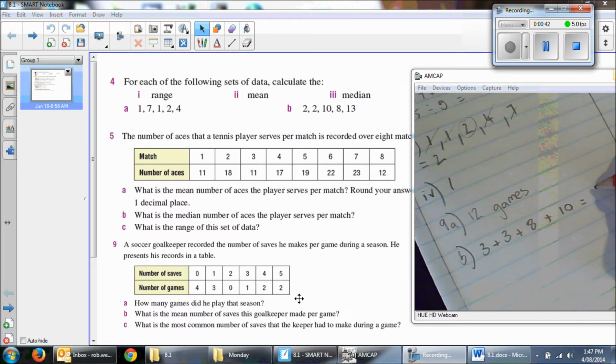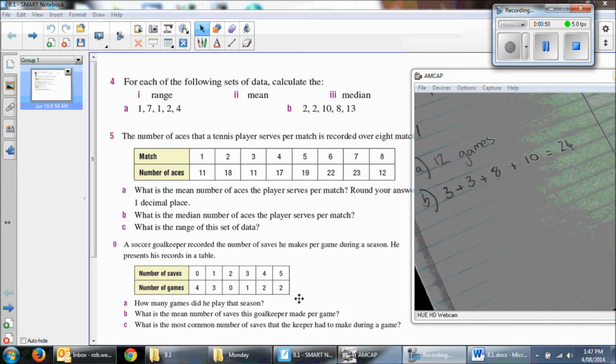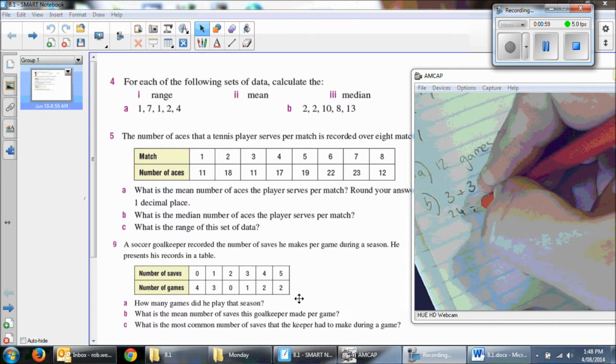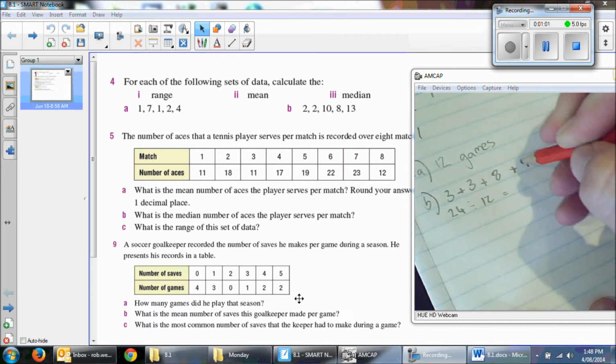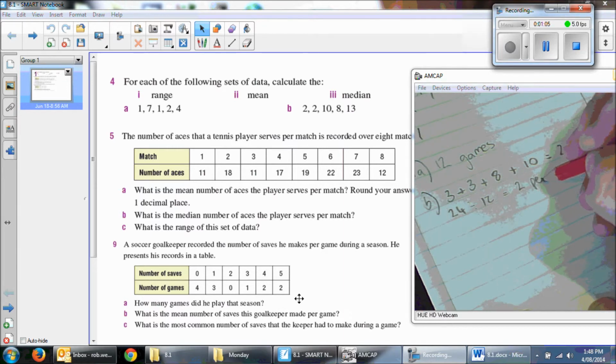He made a total of 24 saves during the season. Looking at how many he made per game, he played 12 games, so 24 divided by 12 gives us 2 saves per game.